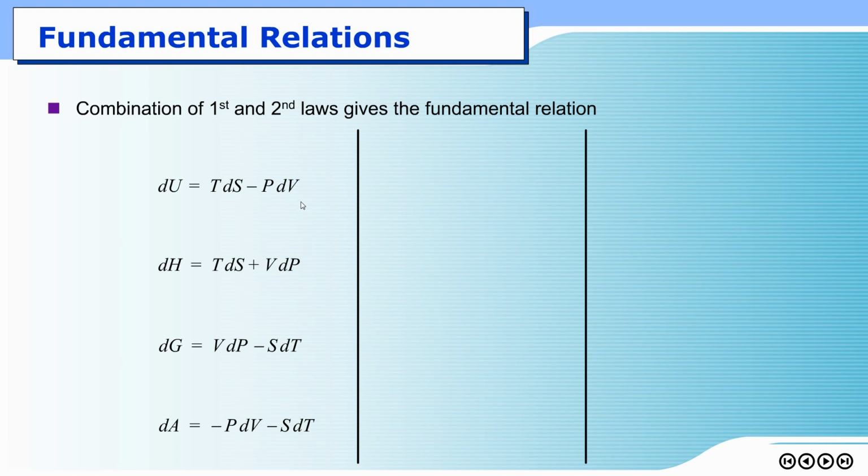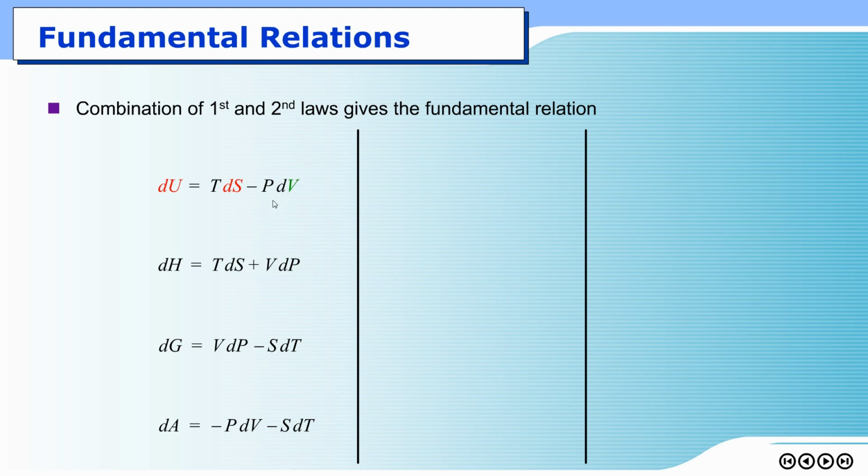So if I consider the first fundamental relation and then divide the variables into red group and green group, okay? In this case, if I take the system to be constant volume, if you consider this green variable V here, if I consider the system with constant volume, then dV here should be 0.